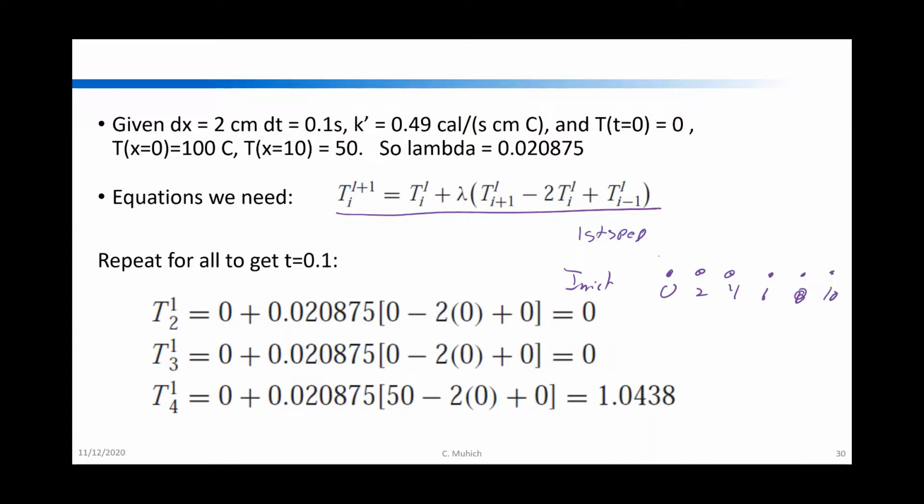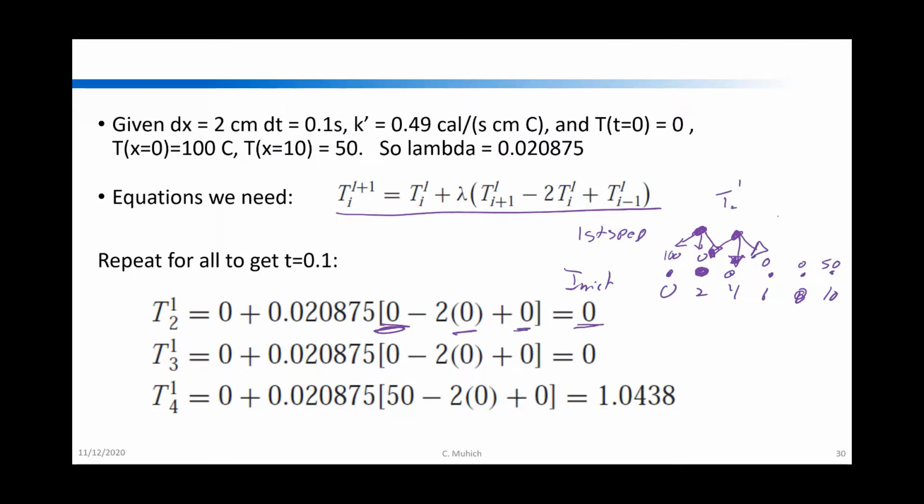And this was 100, 0, 0, 0, 0, 50. So when I look at point 2, right, we did that on the previous slide. We looked backwards. When I go to solve out T21, I need to look back to this point, which is 0. So it goes 0 in here. I look back to itself, which was 0. And I look back to the point on the right, which was 0, to give me 0.